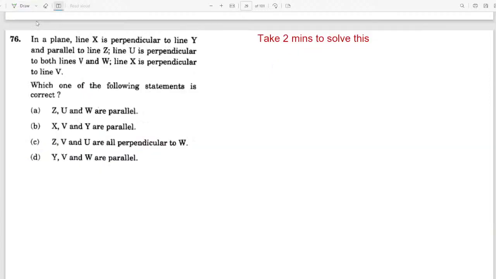Okay. Take 2 minutes to solve this question that is on the display. People who are yet to post their answers, please post.